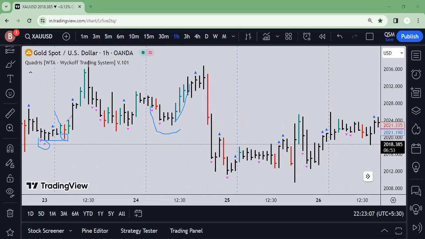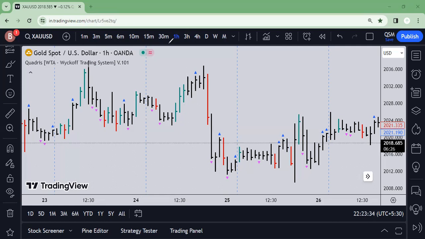Then we have strong buying coming into the picture. There was a weak bar, so at this particular point, it was decisive that we were going upwards. This is a very good move on a 1 hour chart. I'll dive into all these things in future videos because I have to cover trade setups.